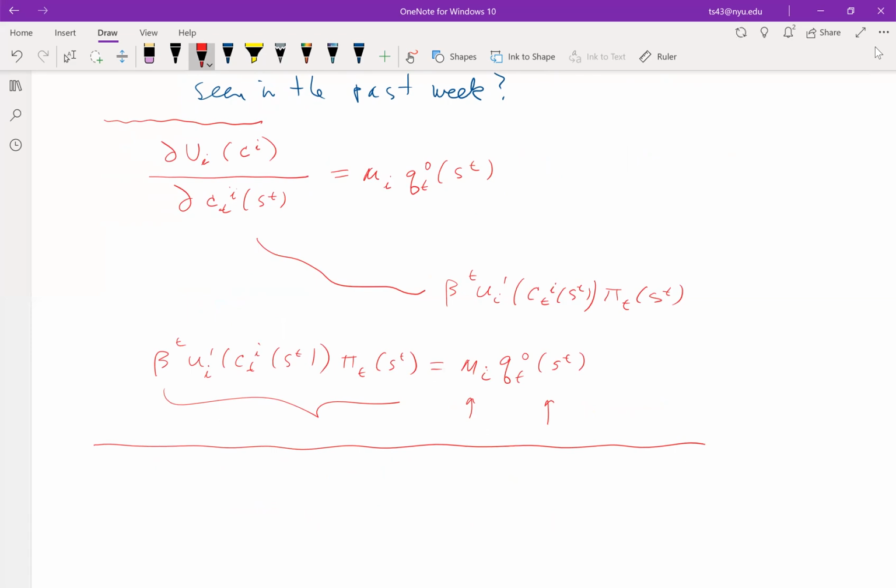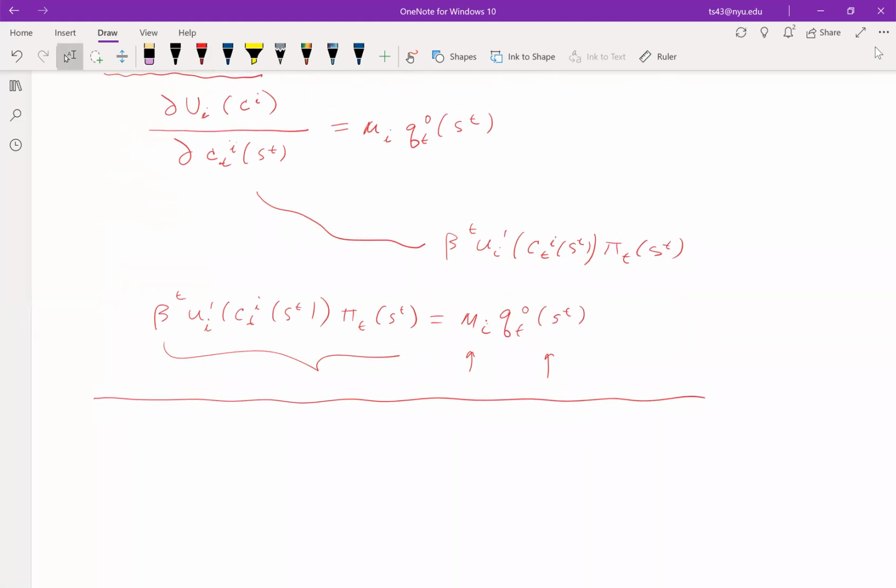Now what we're going to do is the division that we recommended. So if we take u_i prime of c_t^i(s^t), if we take this condition for person i and for person j and divide it, some common things divide out.